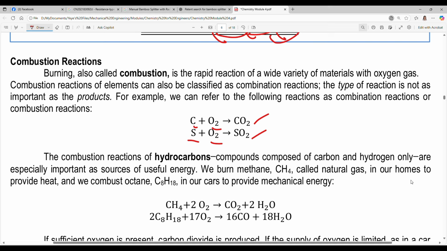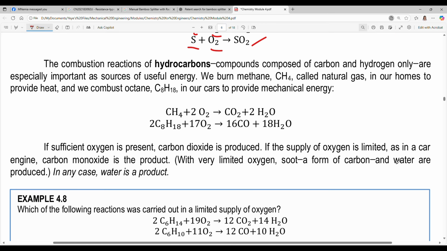But the most important application of combustion reaction is in dealing with hydrocarbons, or compounds composed of carbon and hydrogen only. We burn methane, CH4, in natural gas in our homes to provide heat, and we combust octane in our cars to provide mechanical energy.